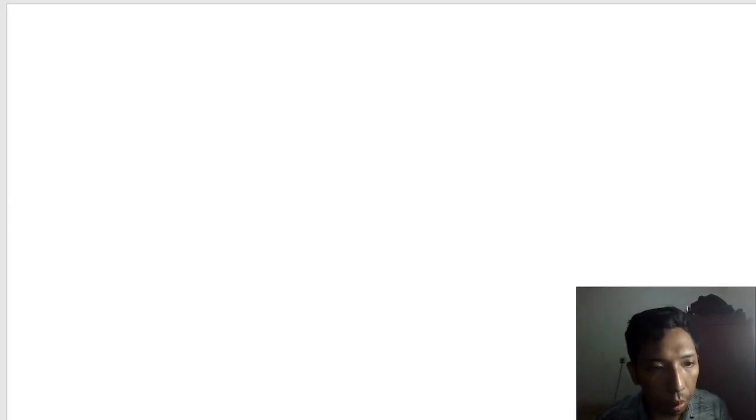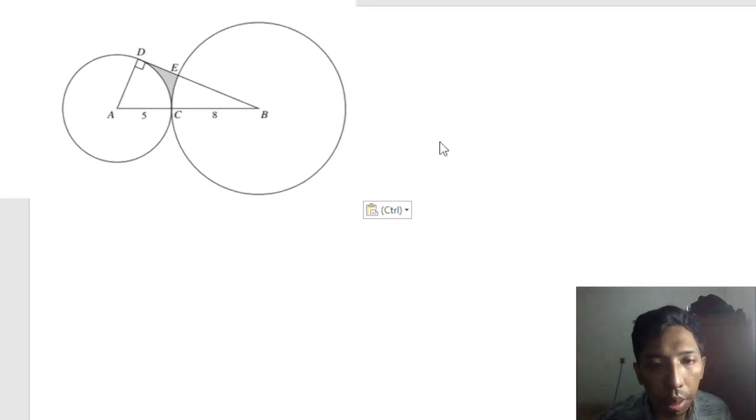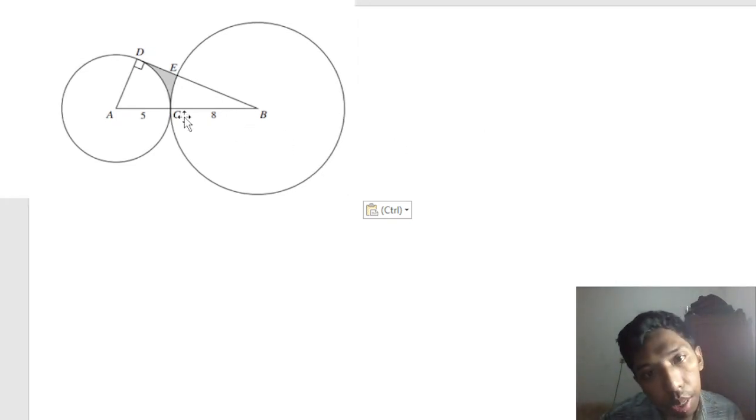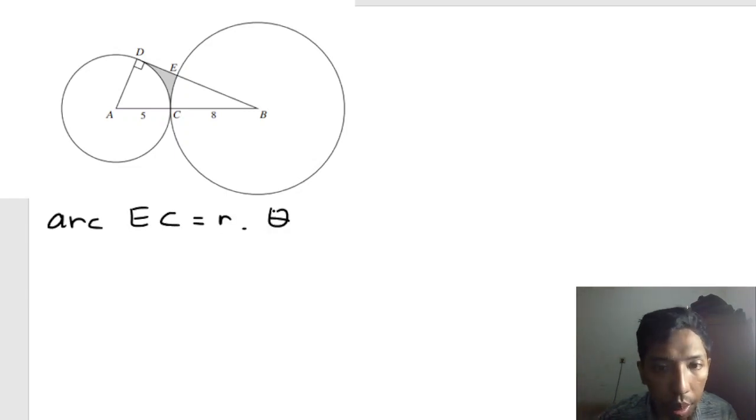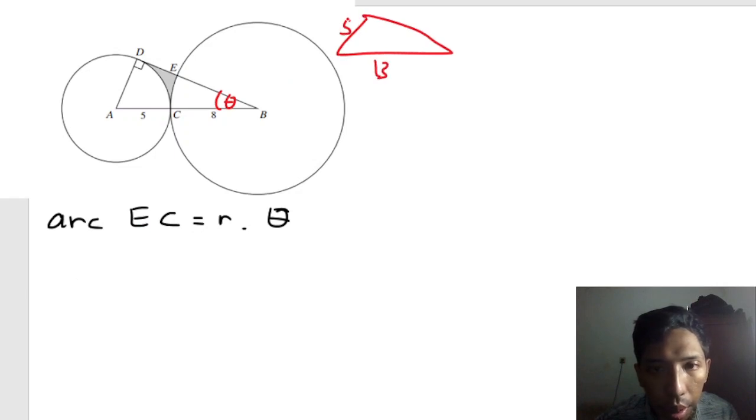What about the next one? We need to find the arc of EC. The formula is r times theta, so we just need to find the angle over here. We already have the triangle: this is 13, this is 5, this is 12.